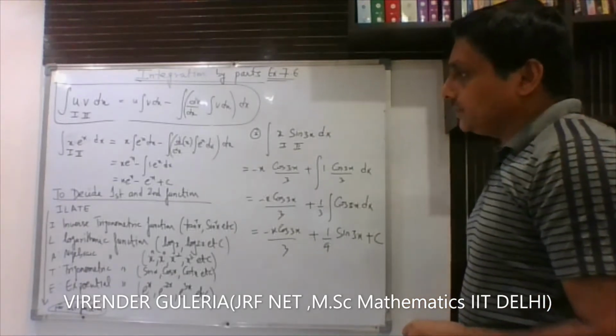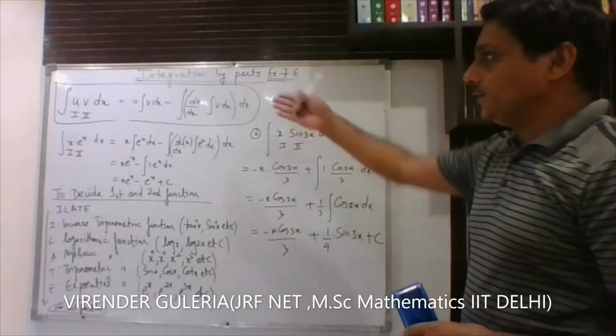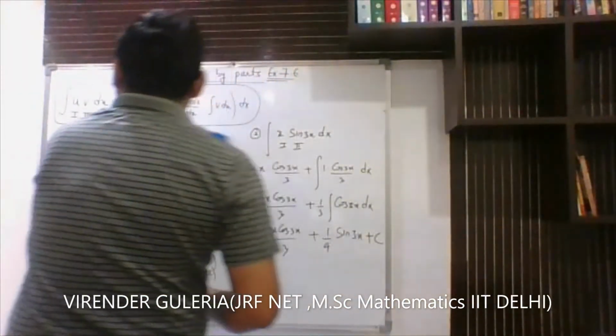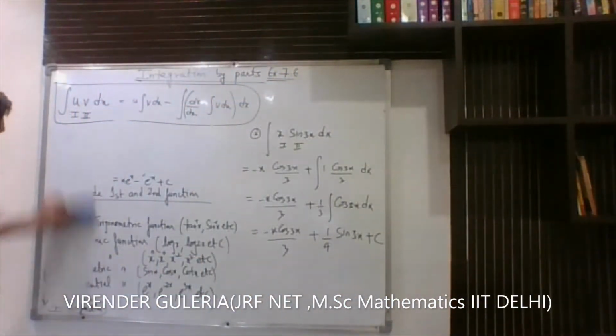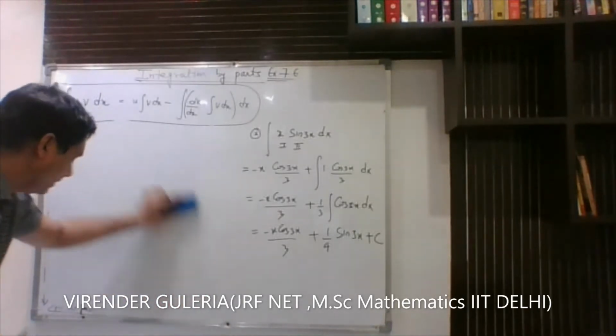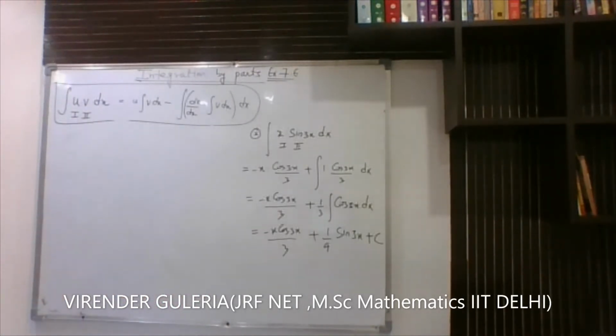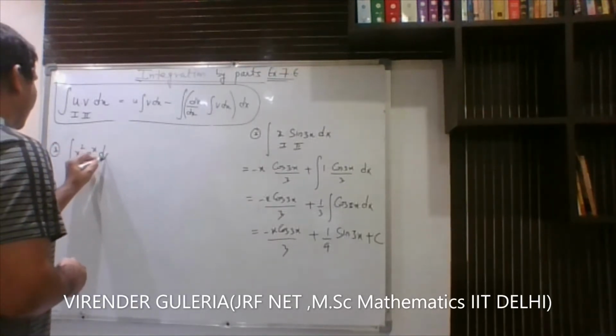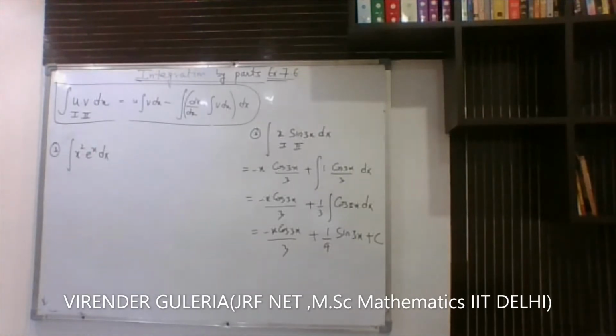Now let me write down some more examples where we need to apply integration by parts. You can write down example number 3. Suppose we have x square into e^x dx. Now here again you can see that we have a combination of algebraic and exponential.